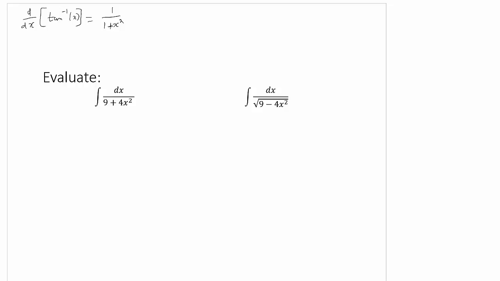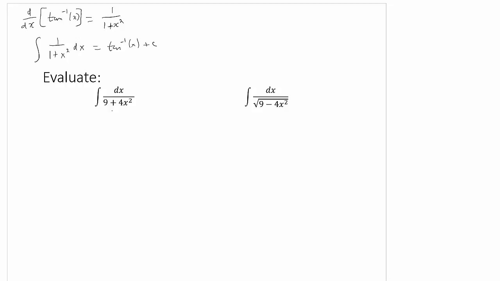That means the antiderivative of 1 over 1 plus x squared dx would be the arctangent x plus a constant. This sort of looks like it. We've just got a 9 and a 4 instead of a 1. We want a 1 plus something squared, 1 plus x squared. So it's pretty close.